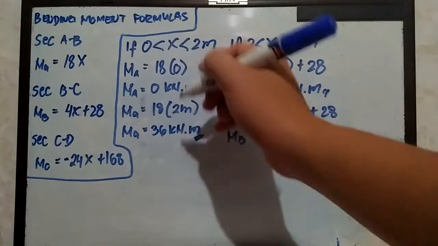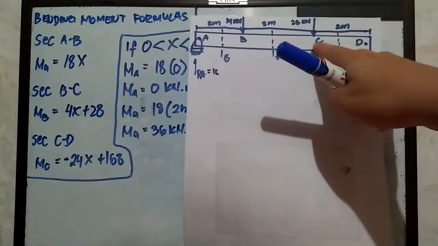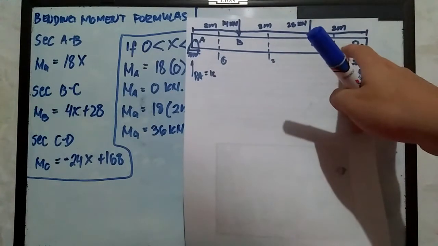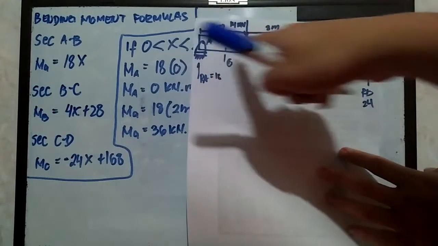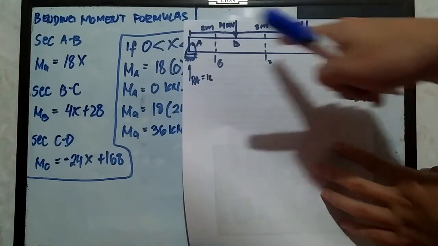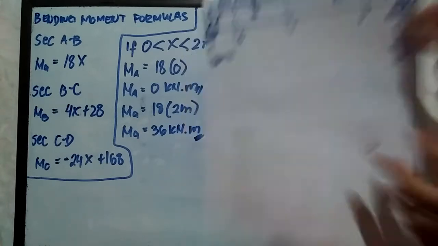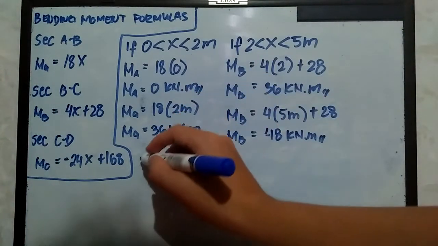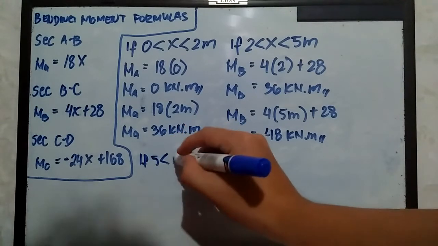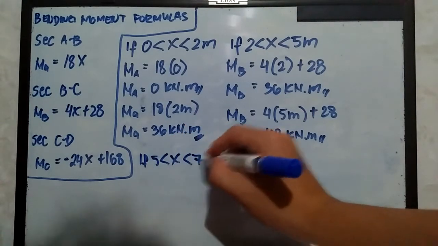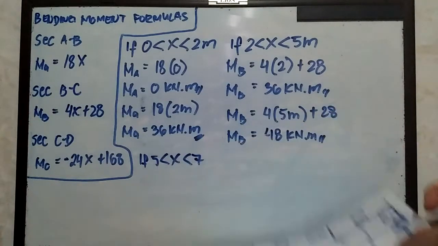Okay, so for the last one, we are going to consolidate section C-D. That means this measurement from A all the way to C, that is 5, and then the whole measurement of the beam, so that should be 7. So if x is greater than 5 but less than 7, that is the limit for section C-D.